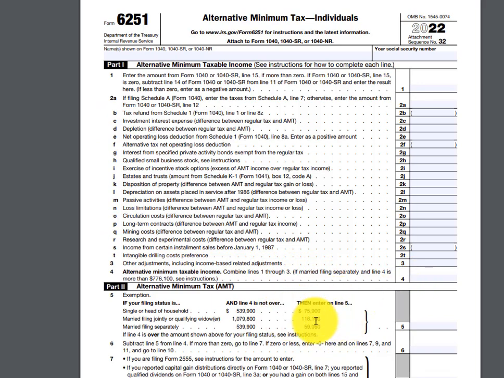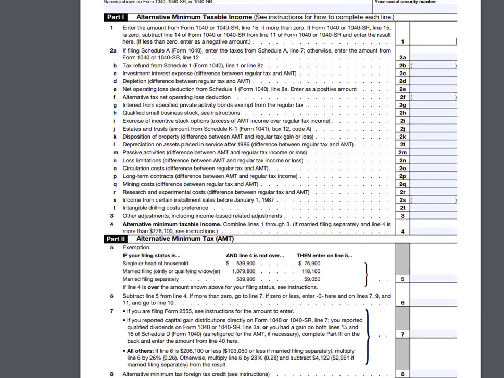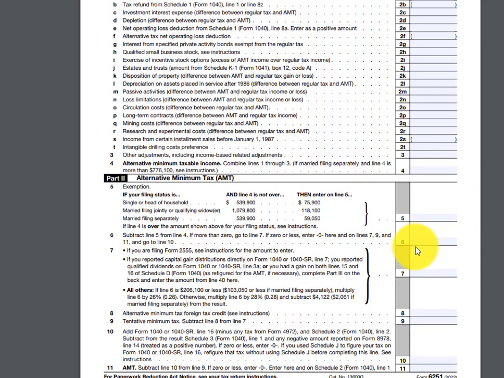Then you subtract that one exemption amount that we mentioned. Then you calculate your tax on it. If it's under $206,000, you just multiply by 26%.